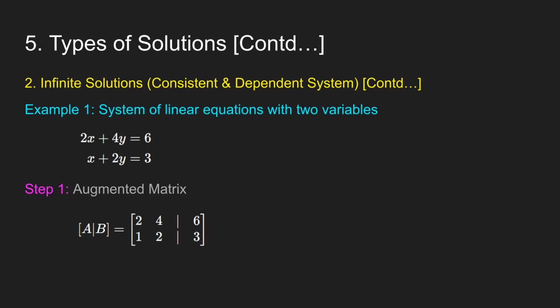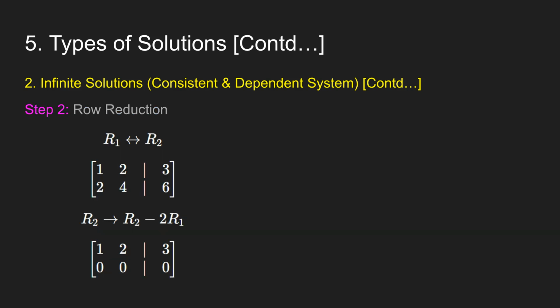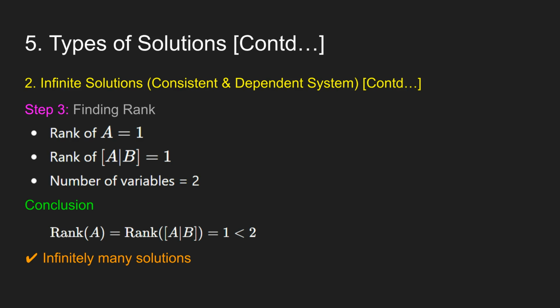Let us consider example 1, a system of linear equations with two variables. The given equations are 2x plus 4y equals 6 and x plus 2y equals 3. Step 1 is to form the augmented matrix. Step 2 involves performing row reduction to simplify the augmented matrix. In step 3, we find the rank of the matrices.